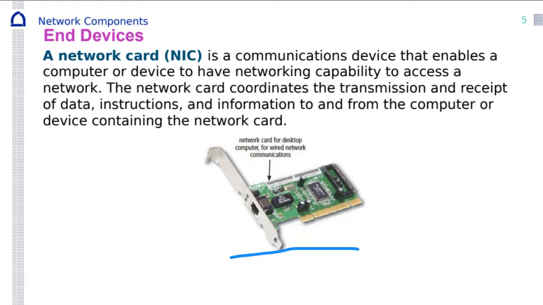So you connect your end device to the network through the NIC. This network card coordinates the transmission and receipt of data, instructions, and information to and from the computer, or the device containing the network card. It could be a network printer.